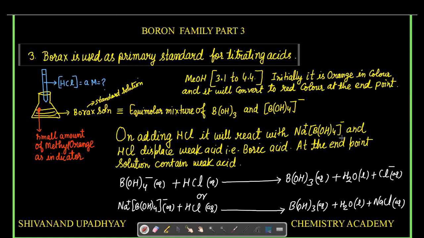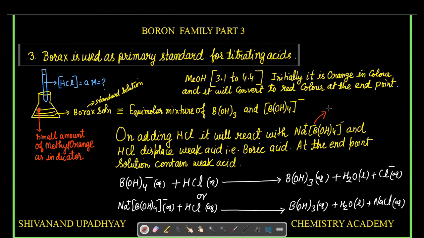So this is the reaction which is taking place. This is [B(OH)4]⁻. So Na⁺ is a spectator ion. I can write in this form. And it is reacting with HCl to form boric acid, water, and Cl⁻. Or sometimes water molecules can be removed, because generally these reactions take place at high temperature.